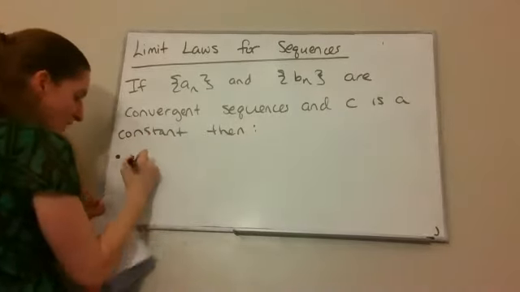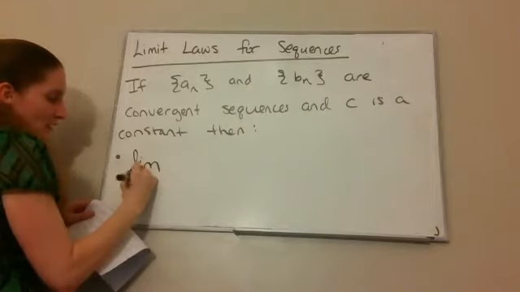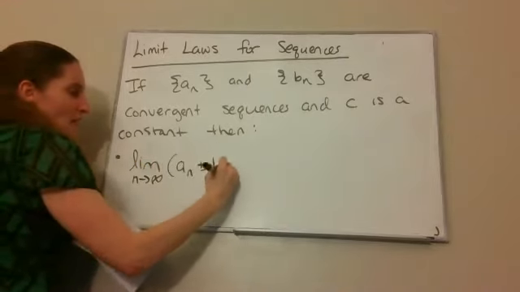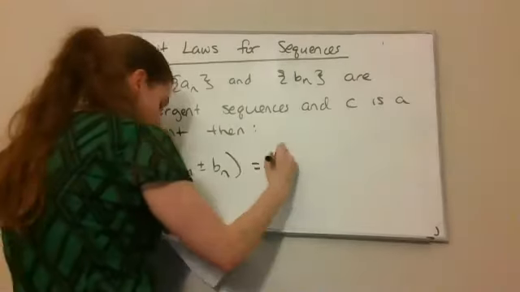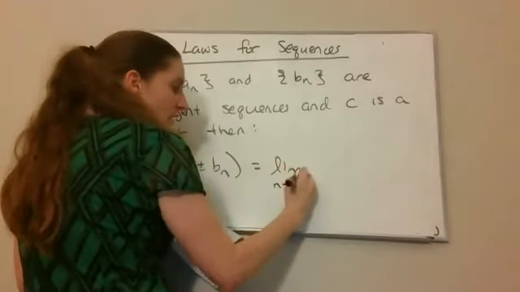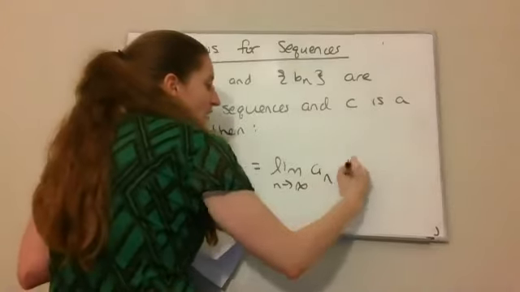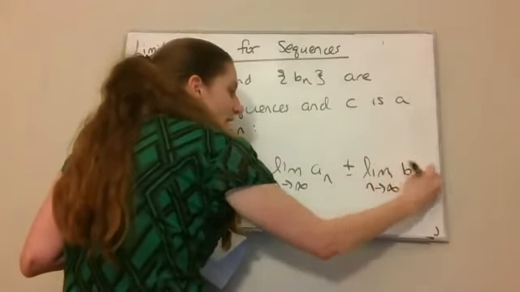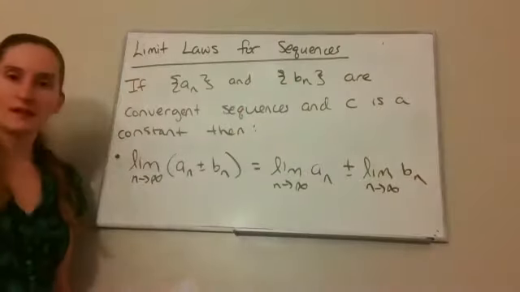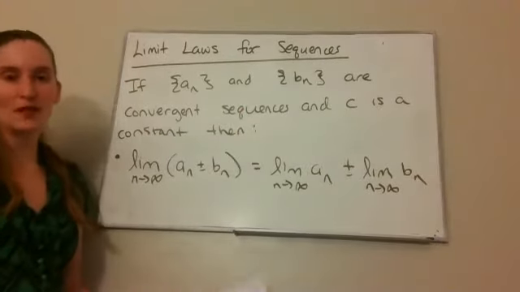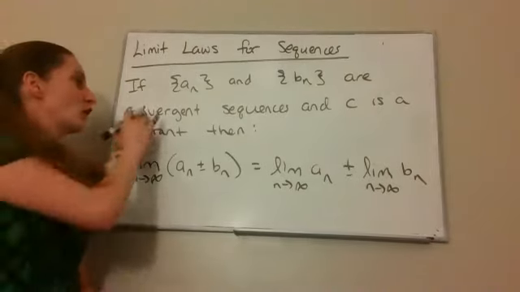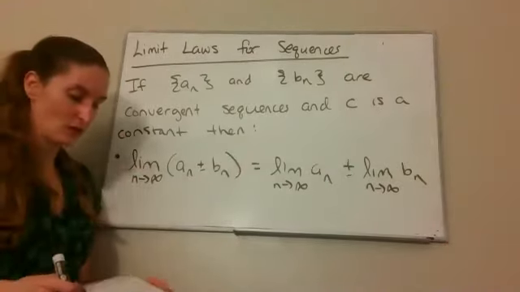Our first one is the limit as n approaches infinity of a_n plus or minus b_n is equal to the limit of a_n plus or minus the limit of b_n. So the limit of the sum is equal to the sum of the limits, like you would want it to be. Notice that we do have to have convergent sequences for this to be true.